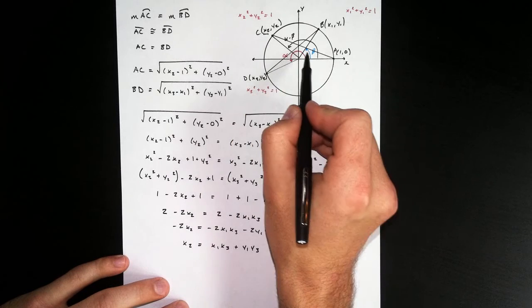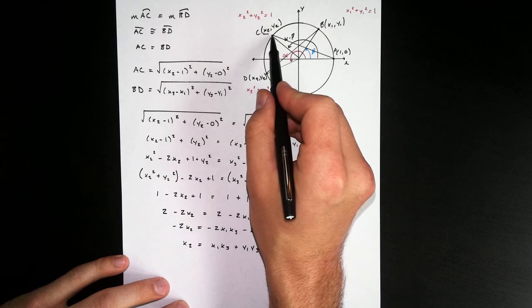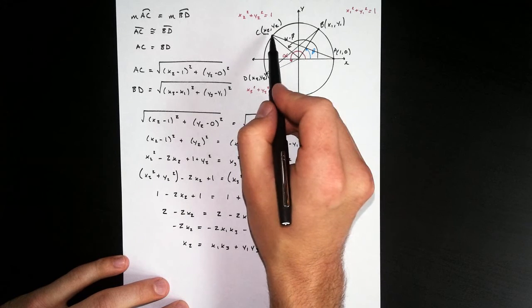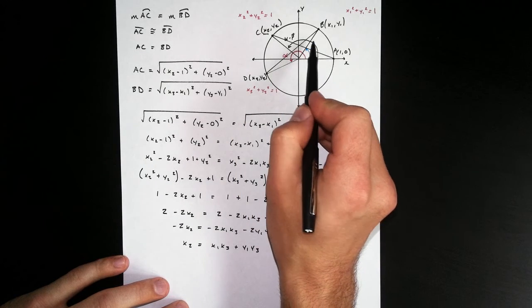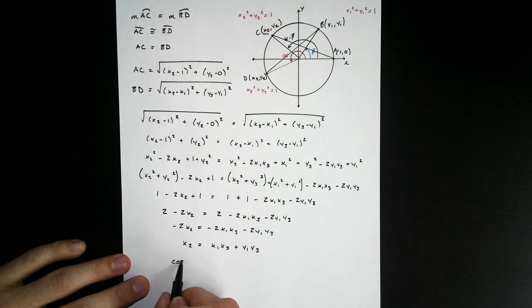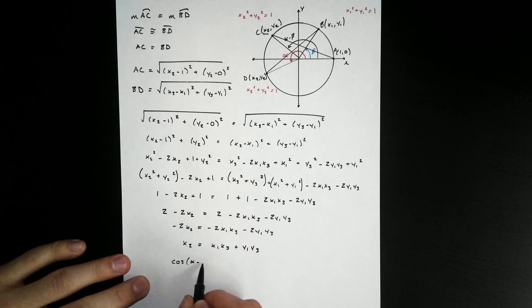So the cosine of the angle that goes to this point, that's the same as x2. So this angle, that was alpha minus beta. So x2 is the same as the cosine of alpha minus beta.